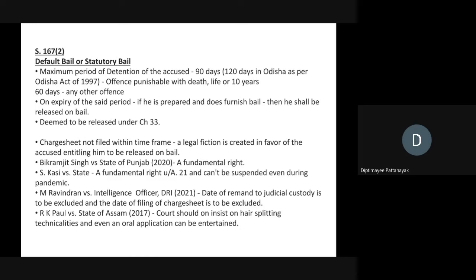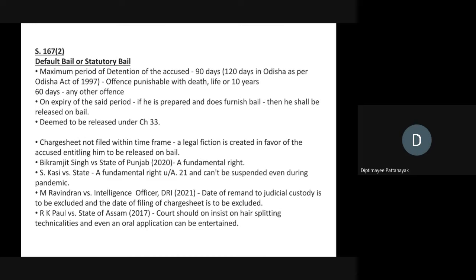Another important question that comes up is what dates are included and what dates are excluded while computing the set period of 90 days, 60 days, or 120 days, as the case may be.